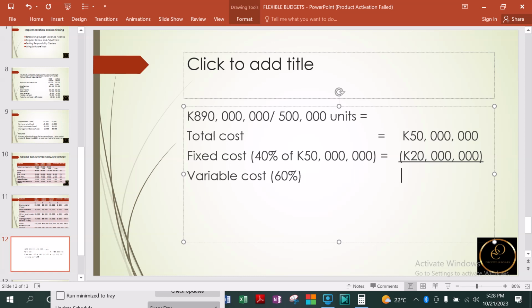So we're going to get the difference is variable, which is 60%, as in 30 million.